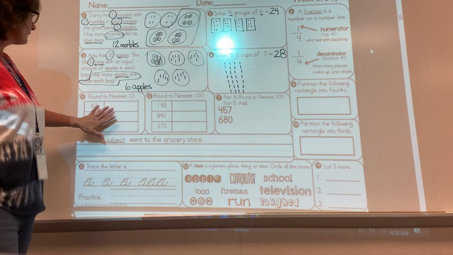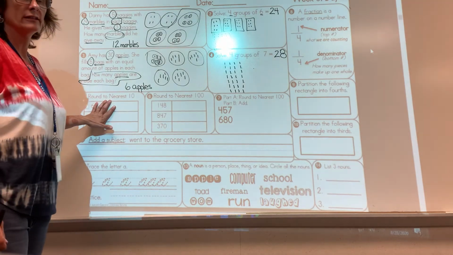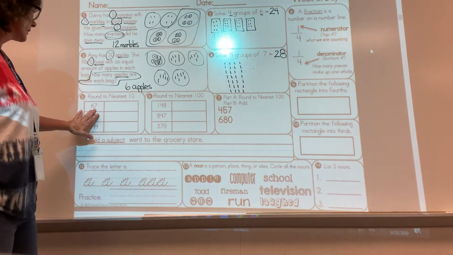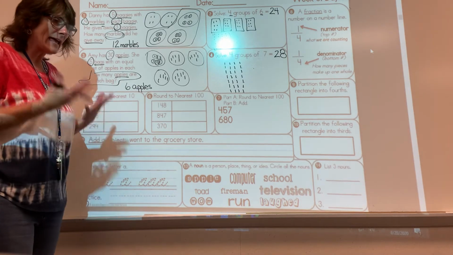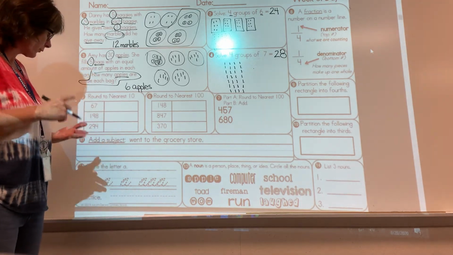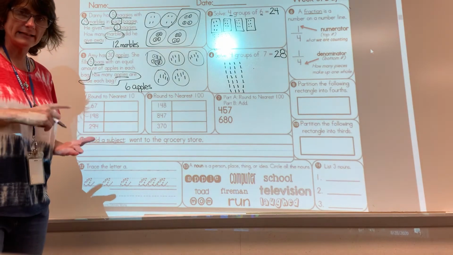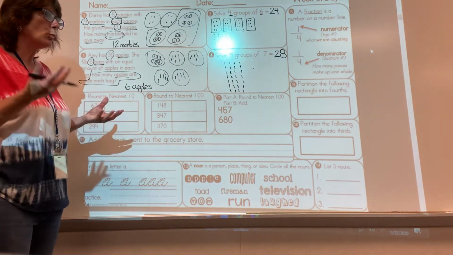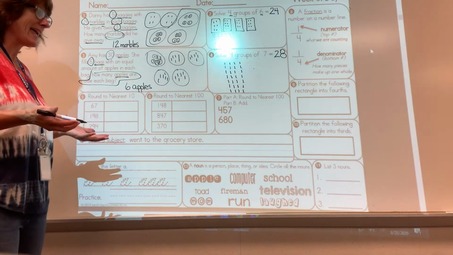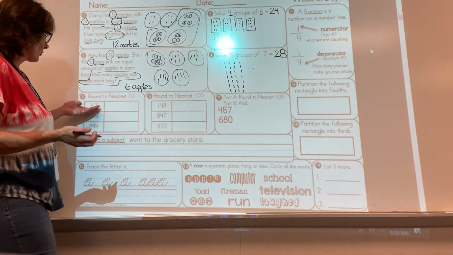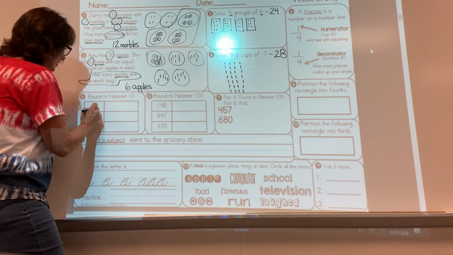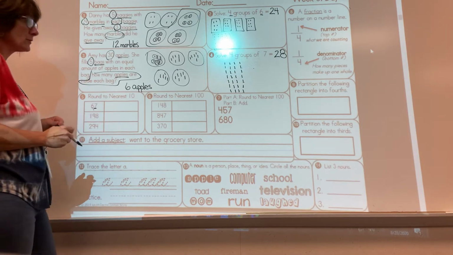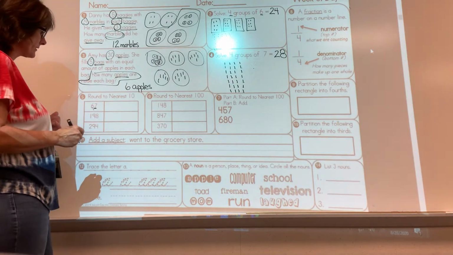Now box number 5, we are rounding to the nearest 10. That means we are looking at the number, and if we count by tens, 10, 20, 30, 40, 50, 60, 70, 80, 90, 100, the number would be closest to which one of those tens. If we're rounding it, we're only looking at the ones place, and we talked about place value.